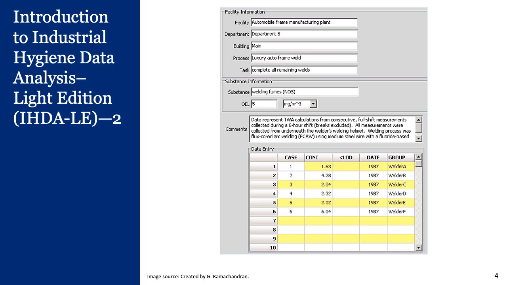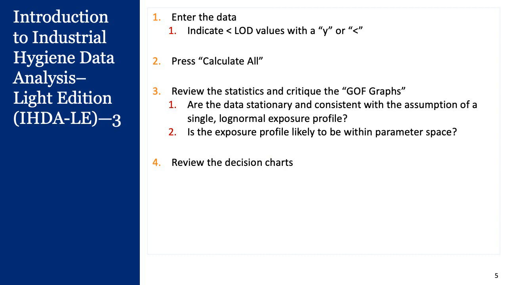And we'll discuss that later, but for at least the first data set, none of these data are below the limit of detection. And at the top of the software package page, there's a button called Calculate All, and it's easiest to just press that button every time.